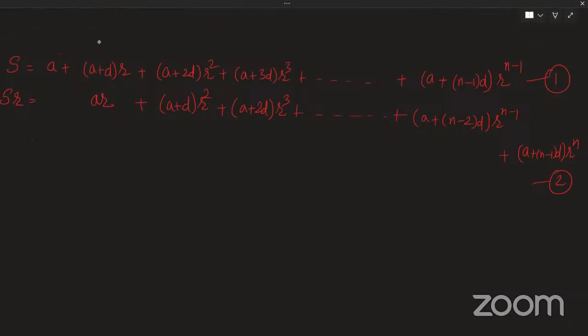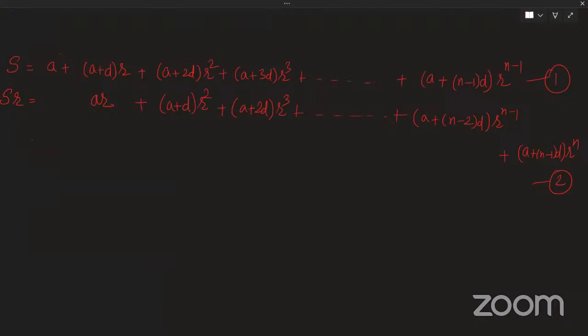Okay, so what I'm doing is multiplying my whole series with r. Can you tell me what will be my first term when I multiply my first term with r? It will be Ar. What will be my second term?